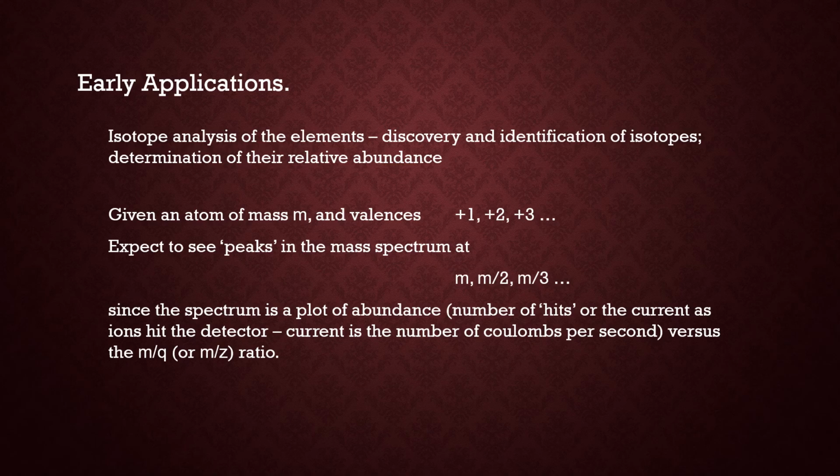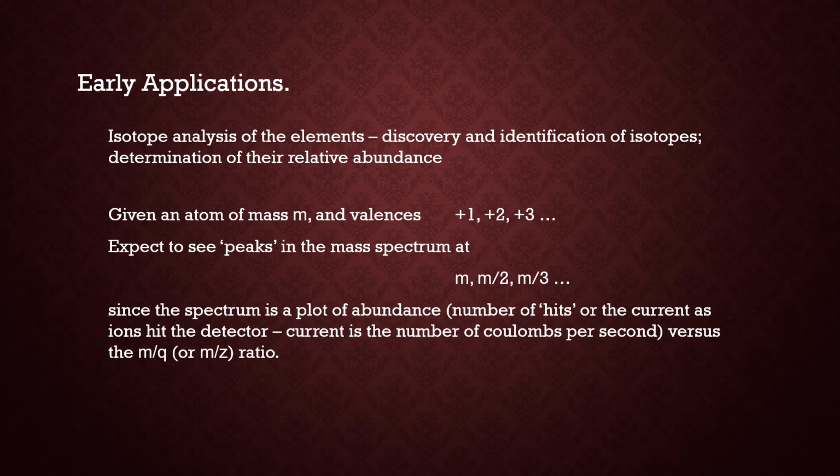Since there's a limited amount of control to the bombardment with the ballistic particles, you get a tendency to get multiple ions. So you would expect to get, for a given atom of mass m, multiple particles of m to z ratio.